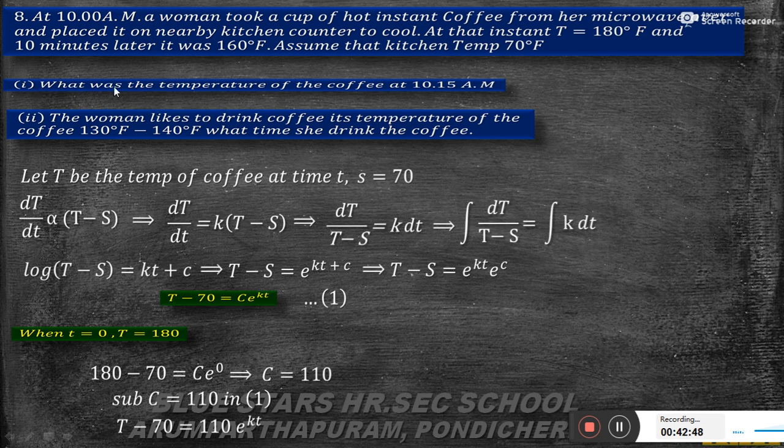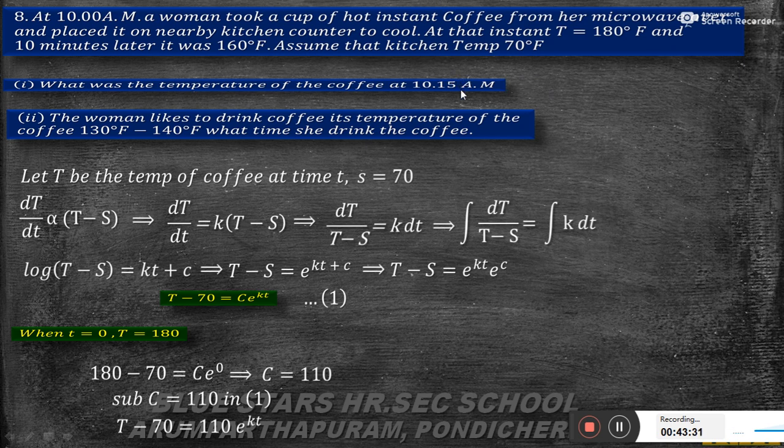Subdivision 1: what was the temperature of the coffee at 10:15 a.m.? Next, the woman likes to drink coffee when its temperature is 130 to 140 degrees Fahrenheit. What time has she drunk the coffee? They give log of 6 by 11 equal to minus 0.2006 and log of 9 by 11 equal to minus 0.6061.